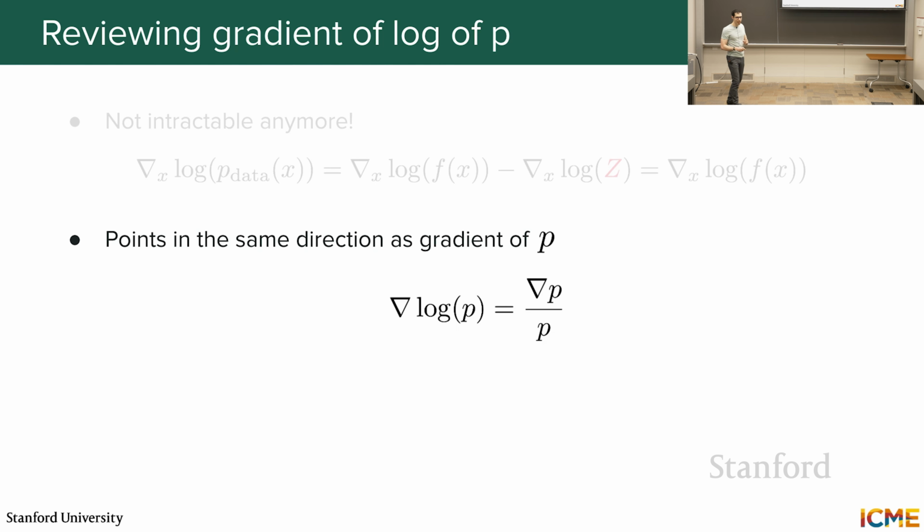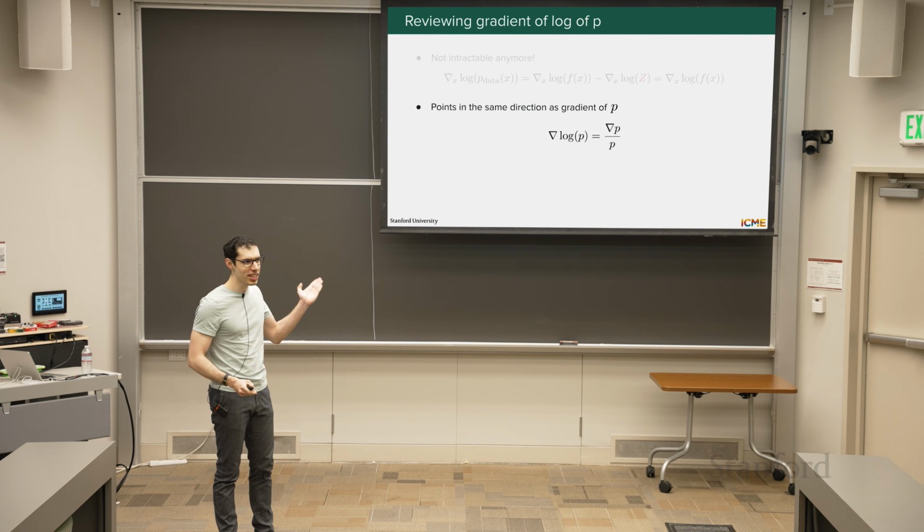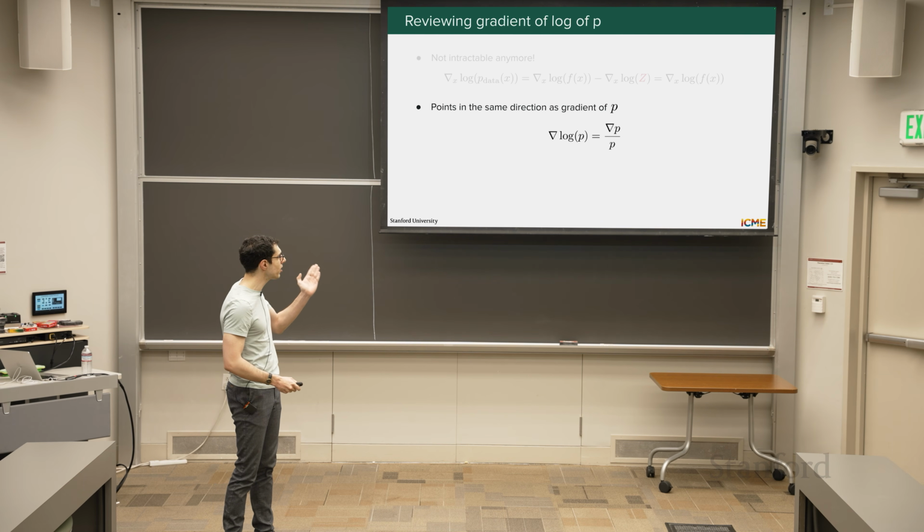Reason number two, I'm not sure if this was obvious to you, but just to emphasize on this a bit more, the gradient of the log is actually pointing in the same direction as the gradient of p. And the reason for that is just a calculus reason. So the gradient of log of p is equal to the gradient of p over p.